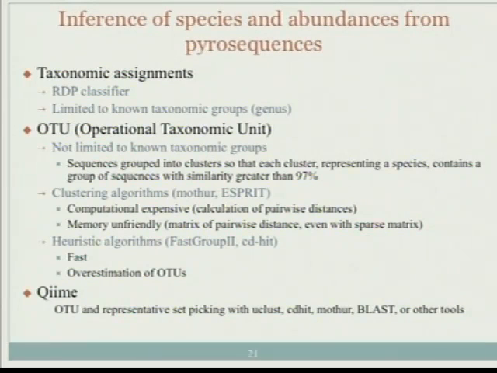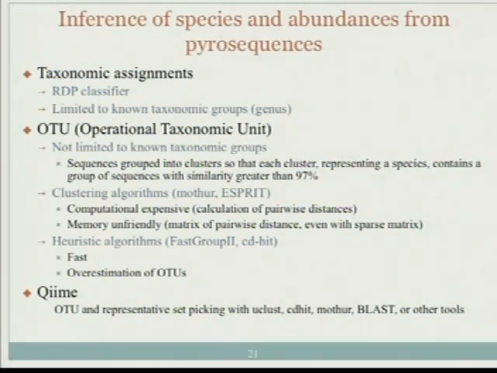So the second approach is to cluster those 16S rRNA gene fragments into clusters. You cluster similar fragments into one cluster, so hopefully all the fragments in one cluster represent one species, for example. They are called operational taxonomic units. It's not exactly a species, but it's close.